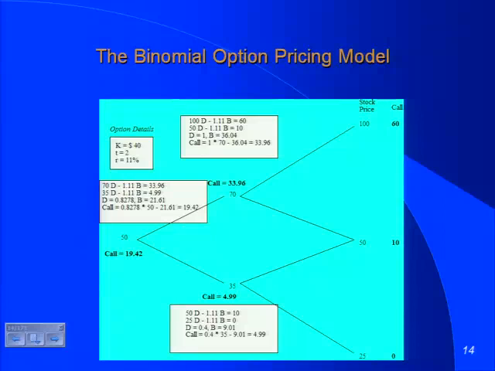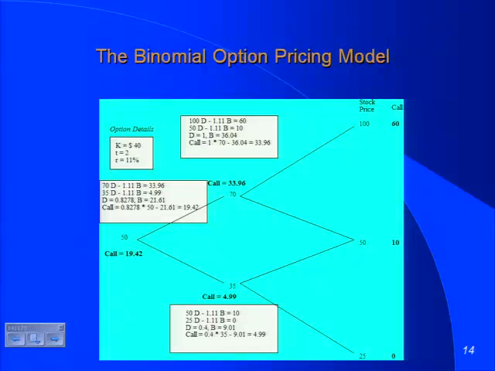I want to combine buying the underlying stock, let's call it delta shares of the underlying stock, and borrowing money, and let's call that B. We don't know what they are right now. I want to create this portfolio of delta shares and B in borrowing, and that portfolio has to have a value of 60 if the stock goes to 100, and a value of 10 if the stock goes to 50.